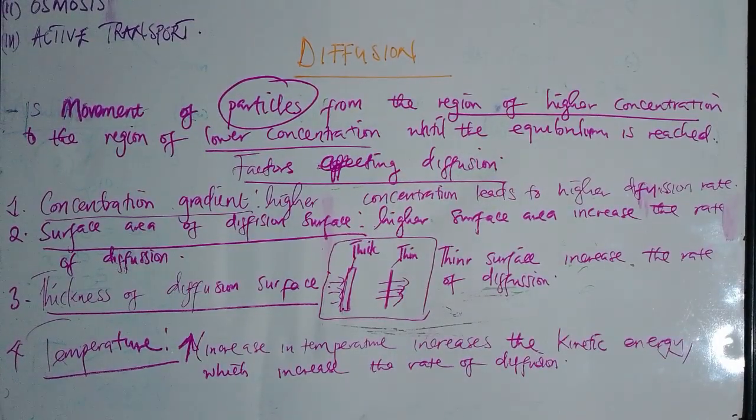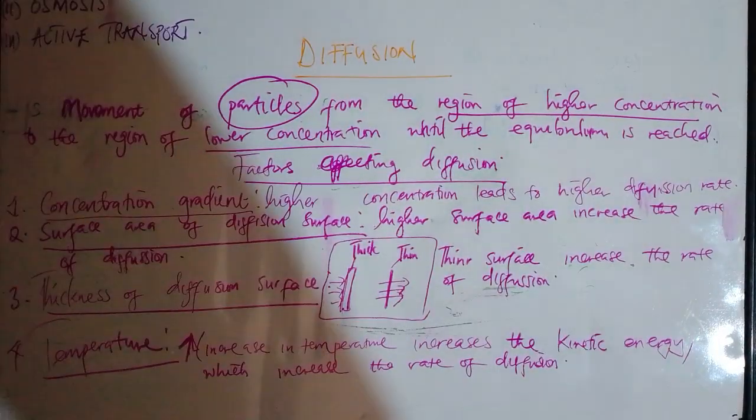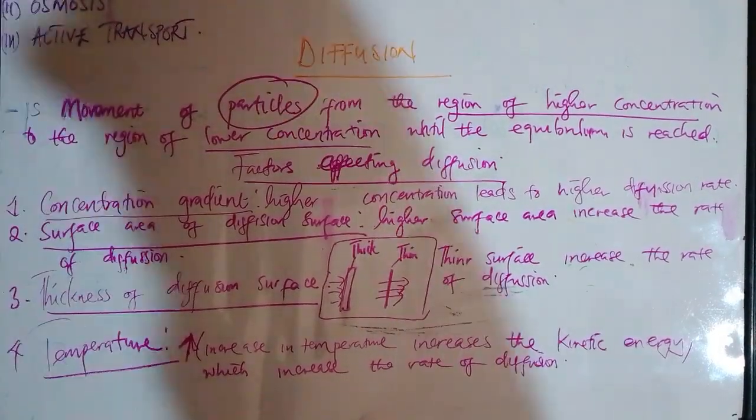Then, we looked at the factors, where we talked about the concentration gradient, the surface area, the thickness of the diffusion surface, and also temperature. Next, we are going to talk about the importance of diffusion. So why is diffusion important? That's our next topic for discussion.